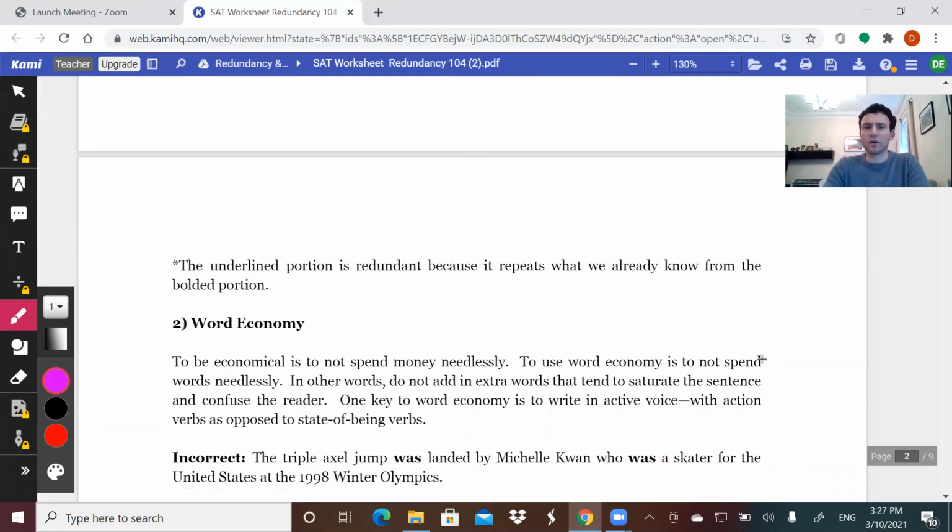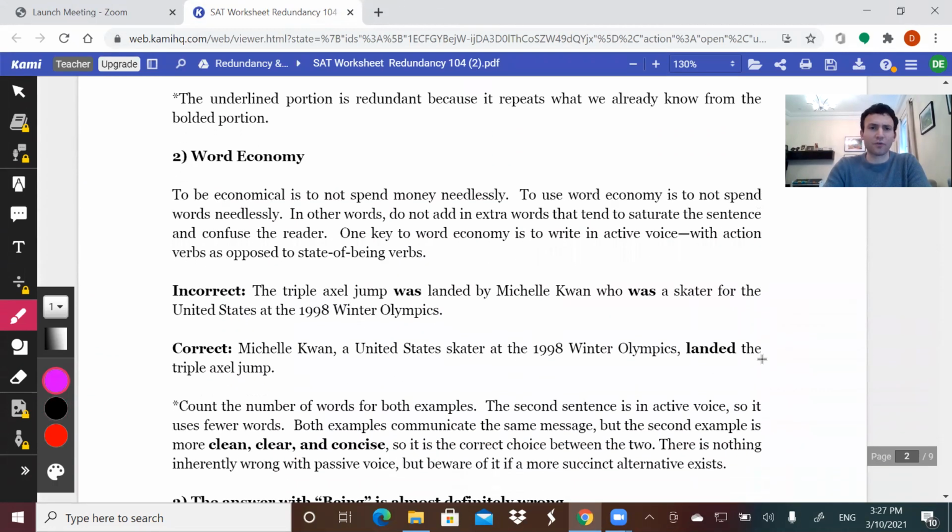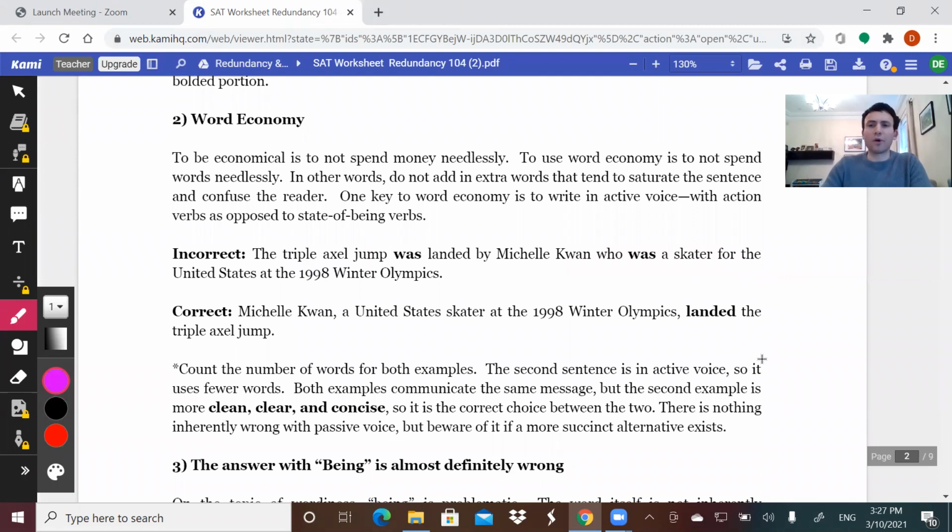We'll look at that in just a moment, but let's go through all three of these. So, word economy. If you look at this incorrect one, it's a little confusing and it's all in passive voice. Passive voice is when you use state of being verbs. State of being verbs aren't wrong. There's nothing inherently wrong with them, but there's always a more direct way to say it. An example would be if I said, John hit the ball.